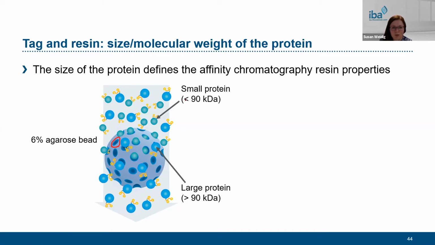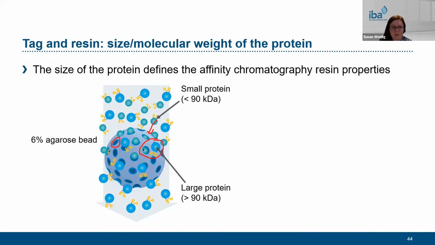So small proteins can enter the agarose beads, you can see, but the large proteins will not enter the agarose bead. So normally your agarose bead is coated with the binding sites for your tagged protein, and the small proteins can find binding sites within the bead because they can enter the agarose bead, and large proteins will only find binding sites at the surface of the bead.